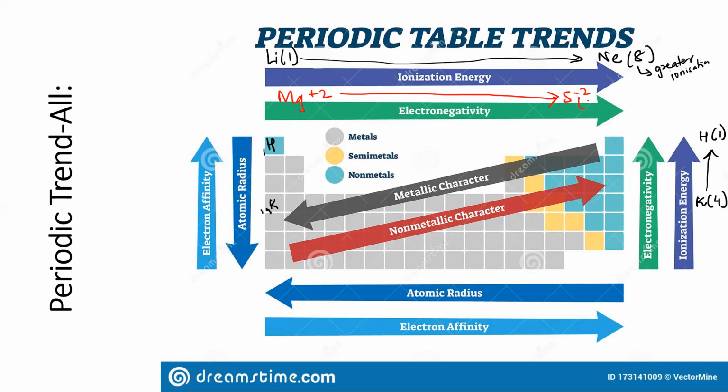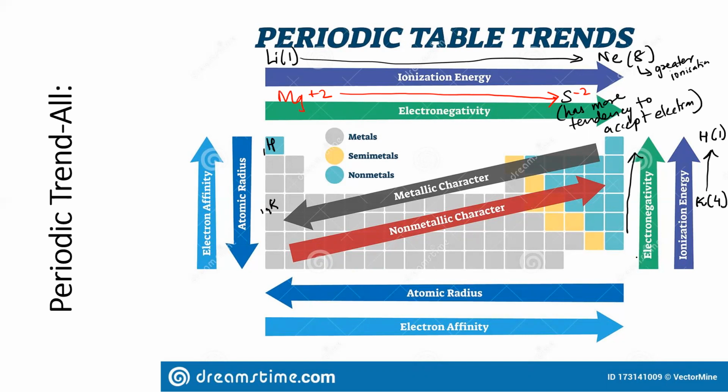Sulfur has more tendency to accept electron. All right, that's how you understand electronegativity. And electronegativity increases upward. We don't need this, but just for your information, it increases upward.